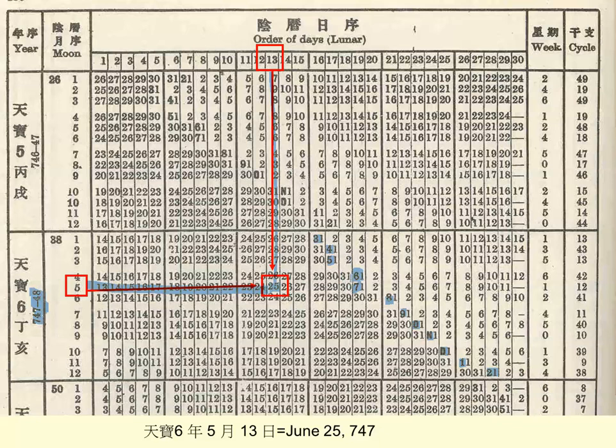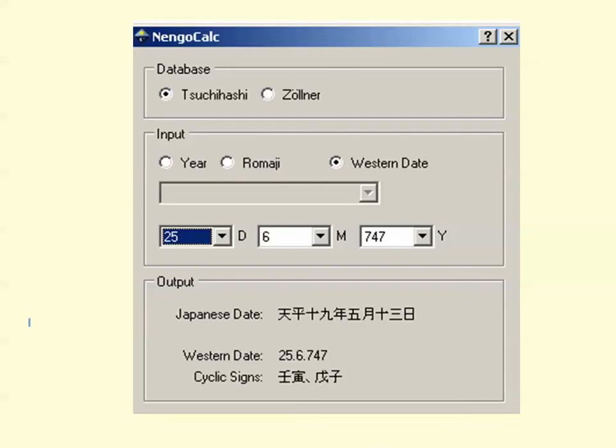Here we are in June, so it's June 25th, 747. Ta-da! And indeed, if we went to Tsuchihashi and did that conversion, this is what we would find. There it is. Okay, so that's calendrical conversion.